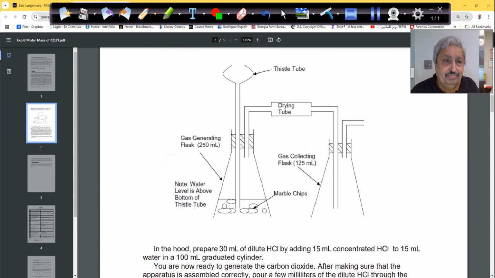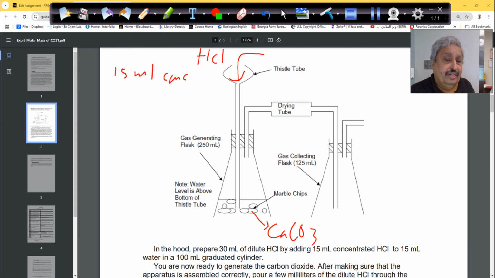You'll be generating, this is the calcium carbonate. You put your HCl here. The HCl, you'll have a solution. You have to make a solution, 15 ml concentrated acid of HCl plus 15 ml distilled H2O.